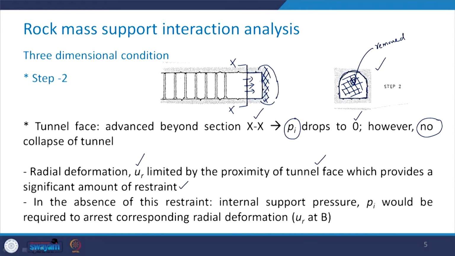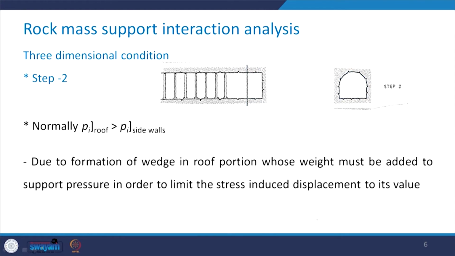Now, in case this restraint is not there, then you will need to have some internal support pressure Pi in order to arrest the corresponding radial deformation, say at this point B, which I will show you in the next figure.